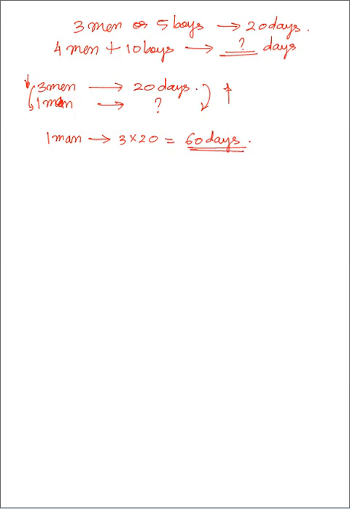So what will be one man's 1 day work? It will be 1 by 60. See, daily he will be completing 1 by 60. On the second day he will complete 1 by 60. Like this he will go on for 60 days, and ultimately it will be 60 by 60, so it will be 1.